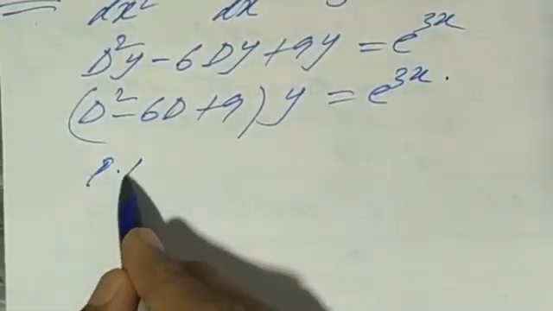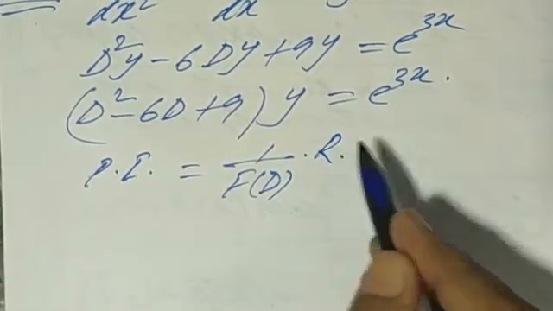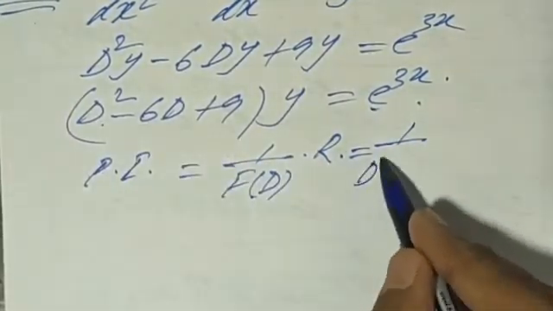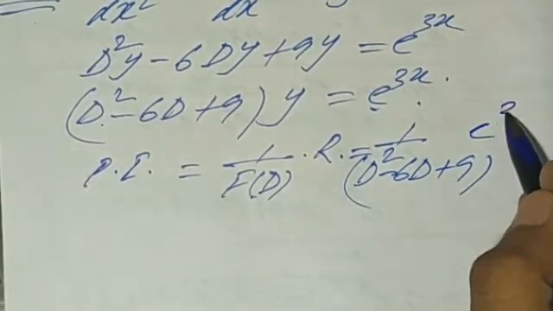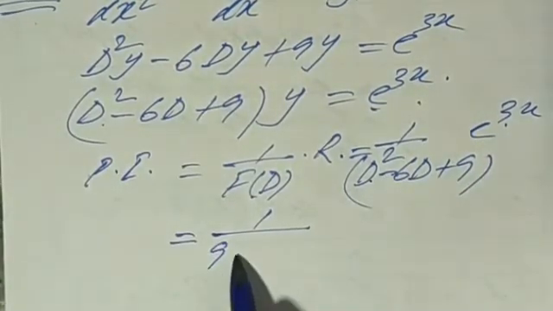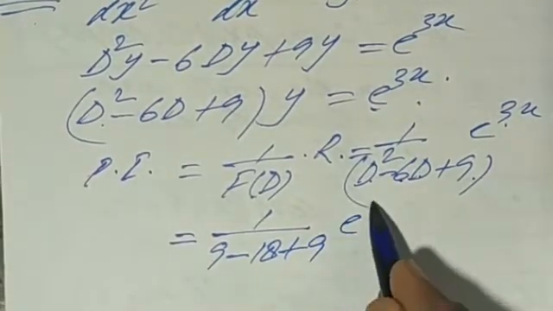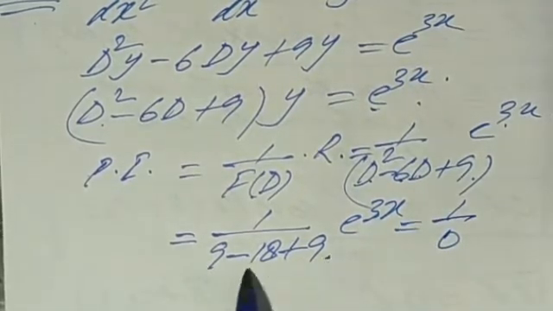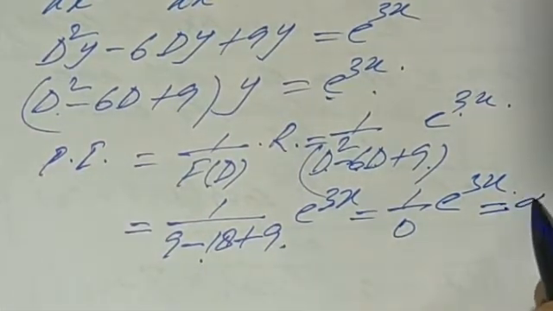Now the particular integral is 1 upon f(D) into r, and r is e raised to the power 3x. If we replace D by 3, we get 1 upon 3 square 9 minus 18 plus 9, e raised to the power 3x, that is 1 upon 0, because positive 18 and negative 18 cancel, e raised to the power 3x. So this is not defined.